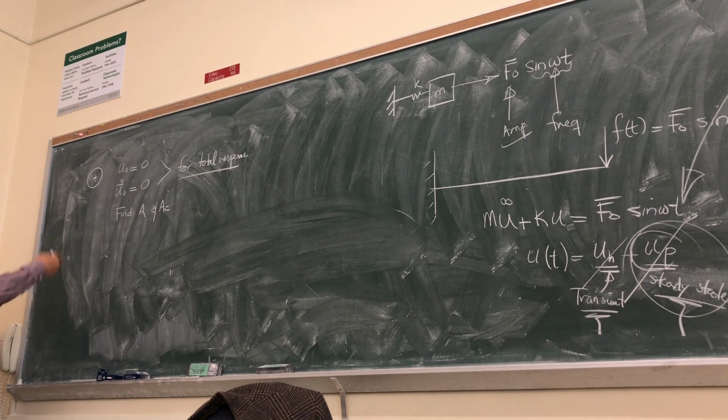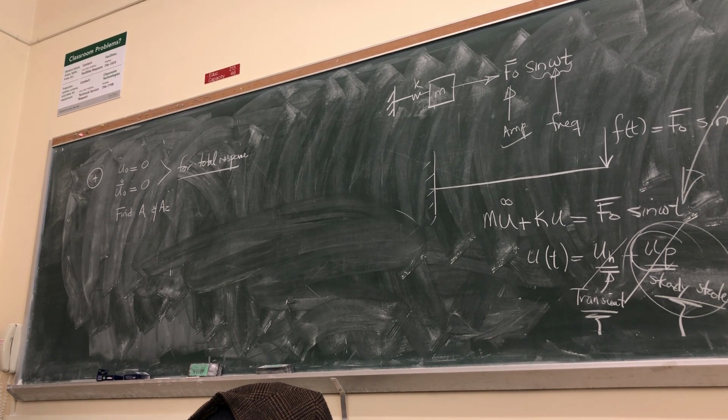If you do that, I'm not going to go through all the detail of it, because you have to substitute for time equal to 0. That gives you one equation in terms of A1 and A2. Then you take the derivative of the whole thing, substitute for t equal to 0, and you get another equation, so you have two equations, two unknowns.